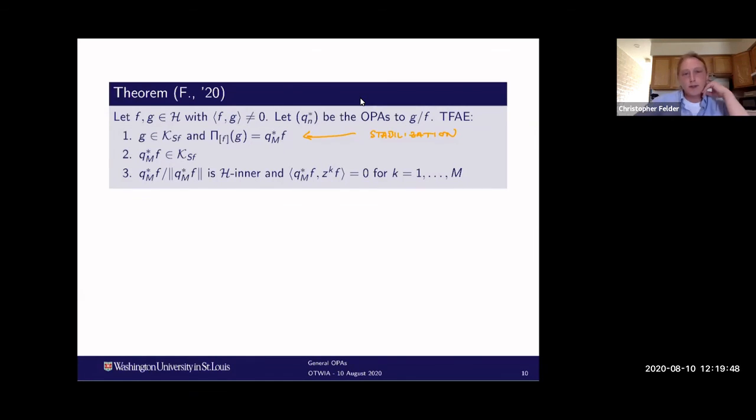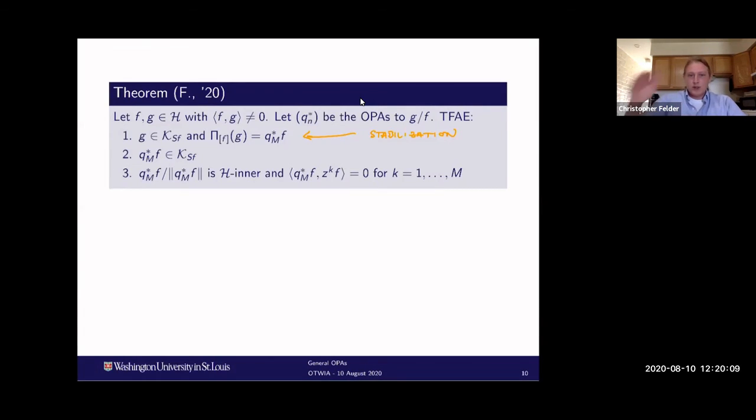So I'll say something. Morally, what's going on here is that when you're trying to approximate, say, g by polynomial multiples of f, you have these approximants Qn star f, which are just the projections.